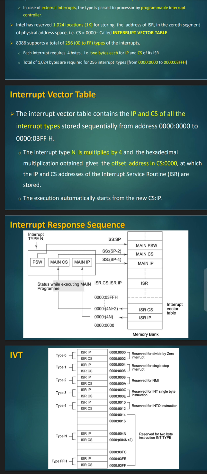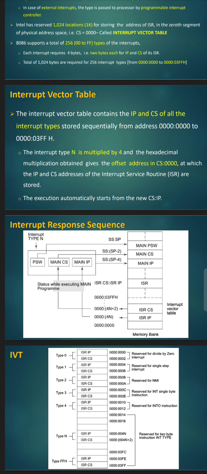This is how we calculate the interrupt address. That is, if it is an interrupt type n, it is multiplied by 4, and the hexadecimal multiplication gives the offset address at which the instruction pointer and CS addresses of the interrupt service routine are stored, and the execution will start from that CS:IP.